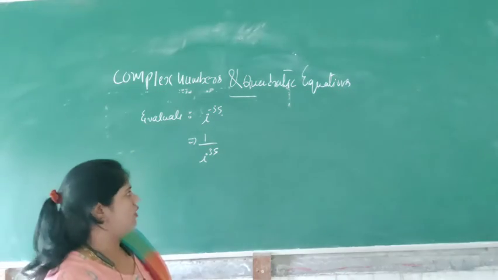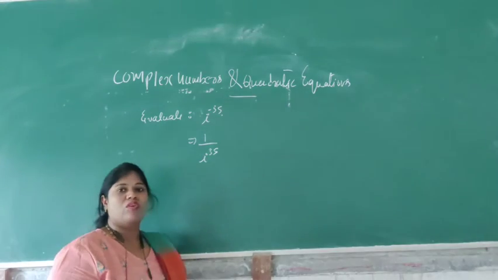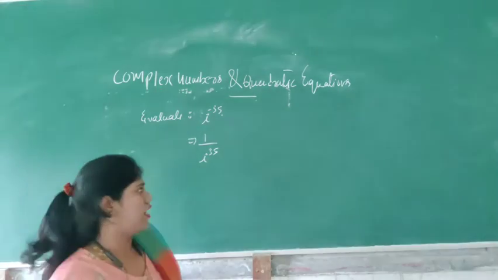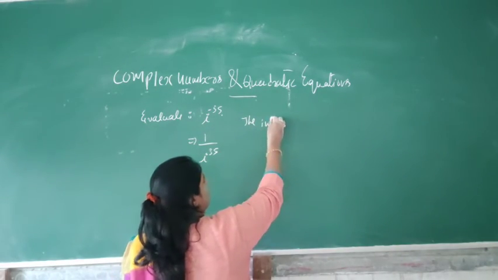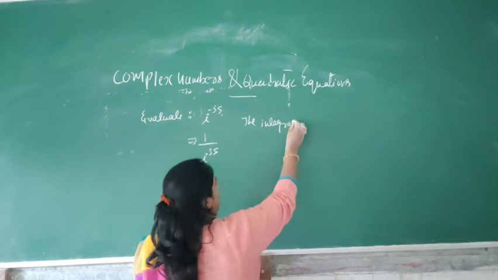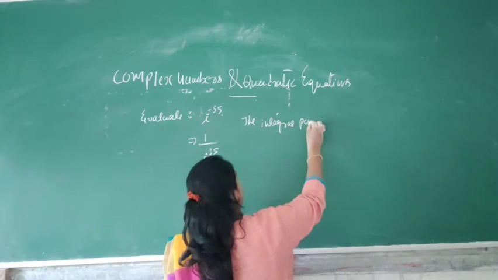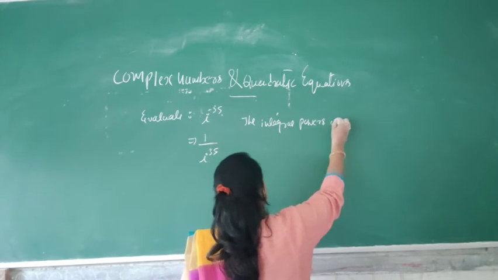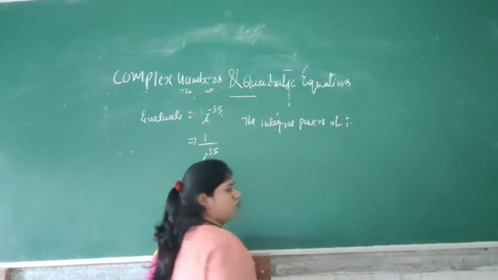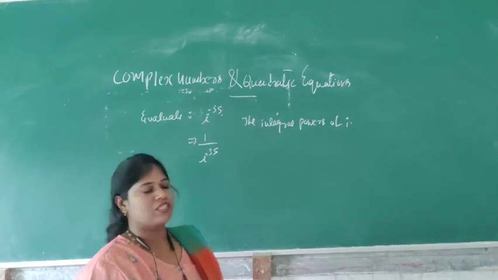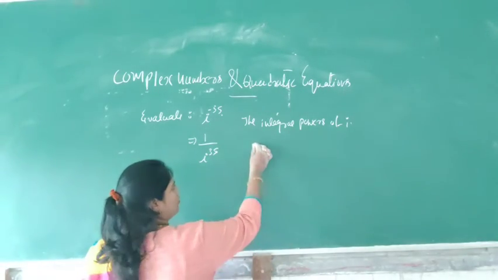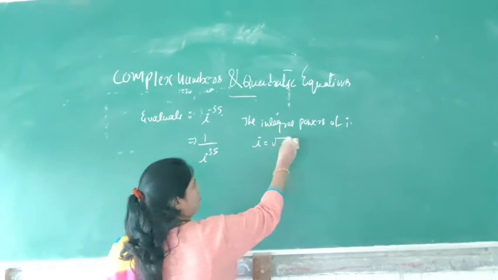So we know the integral powers of i, right? This is also very important in this chapter. If you know the integral powers of i, what is the i value?